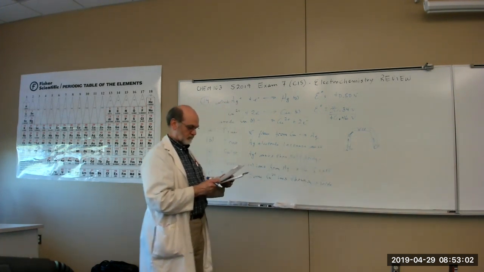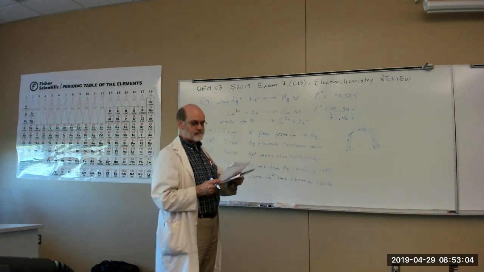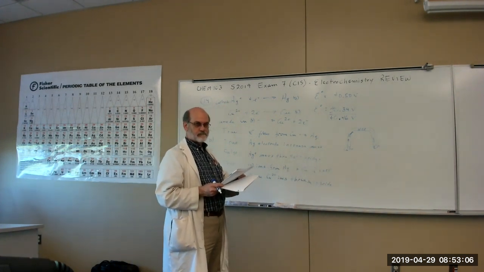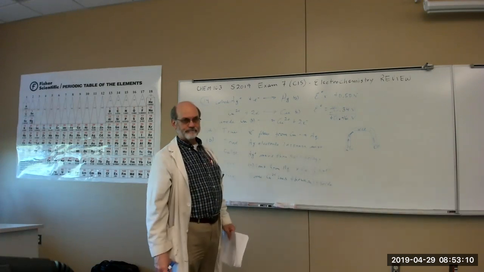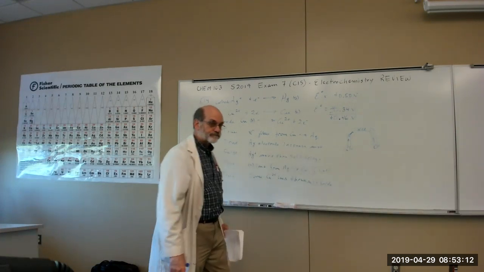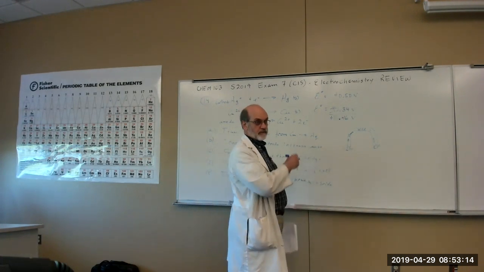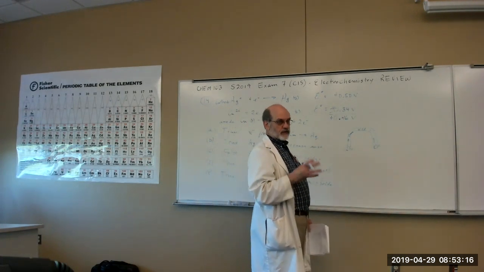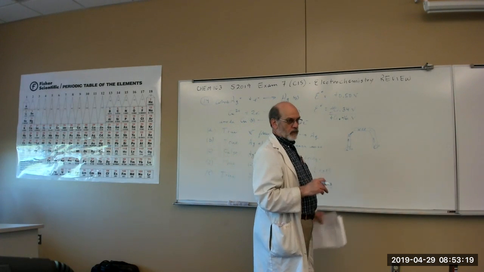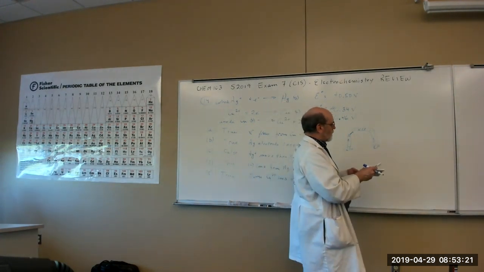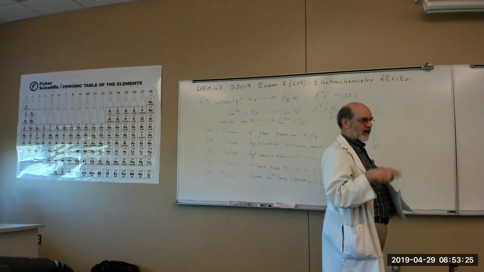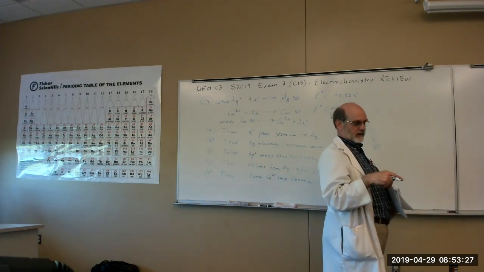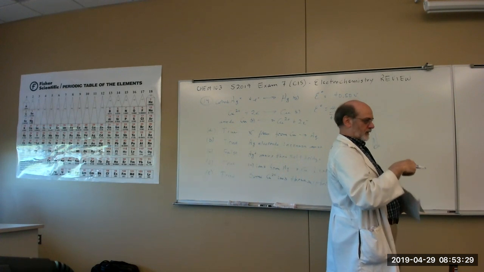I'm just kind of curious, bigger picture wise, when is this kind of thing used? Salt bridge, that's when you want to connect two half cells. In other words, you can't have an electric current without a circuit, right? It has to be a complete circle.